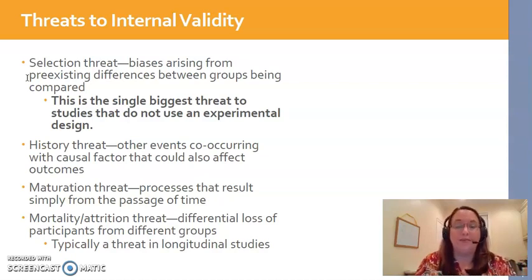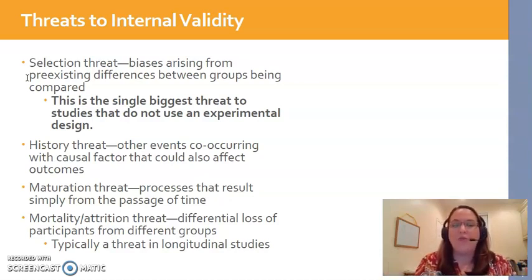For true random sampling, each individual has an equal chance of either being in or being out of the study. It's simply left up to chance. If I have any part in that, then it could be selection bias, which means that my sample is not going to look like the population of interest that I'm hoping to study.